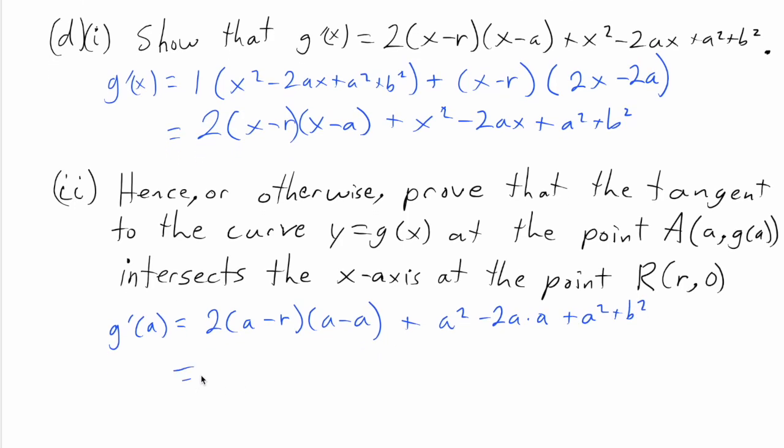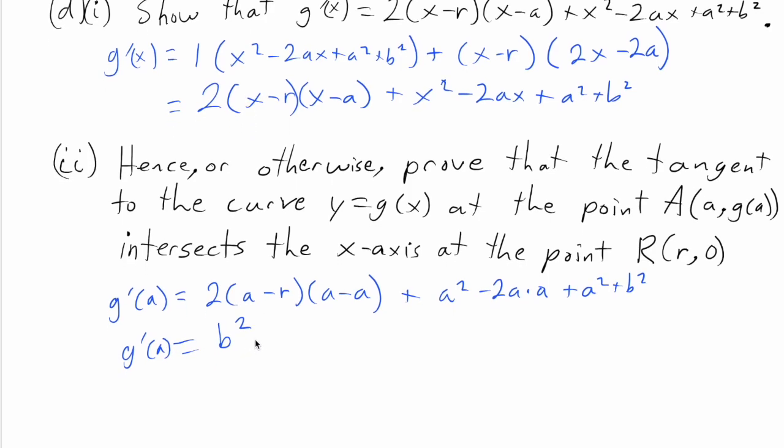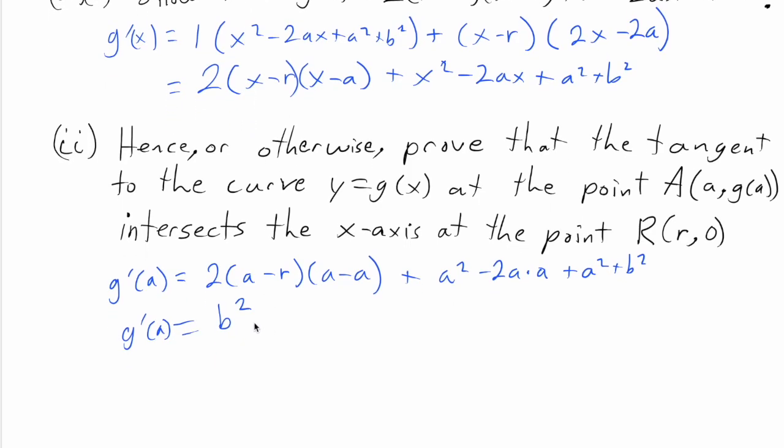Okay, so that's 0. Actually it's going to be a squared, and this is going to be a minus 2a squared, and then plus a squared, so all those cancel, and we just get b squared. Okay, and remember that corresponds to the slope of the tangent line.